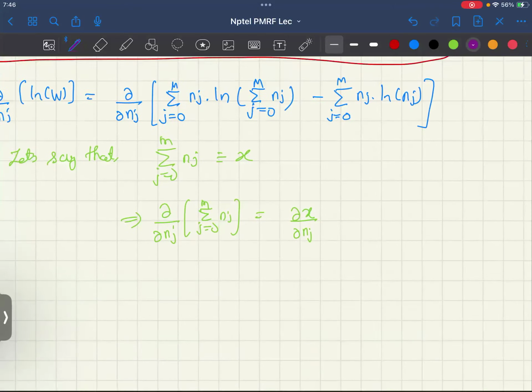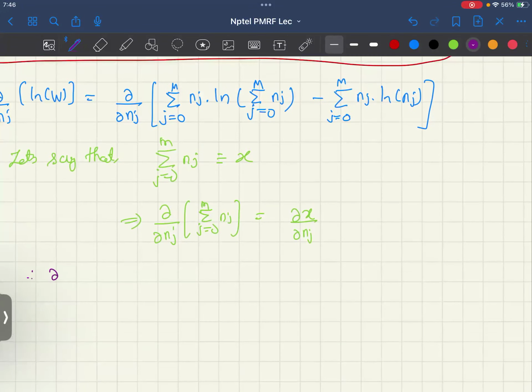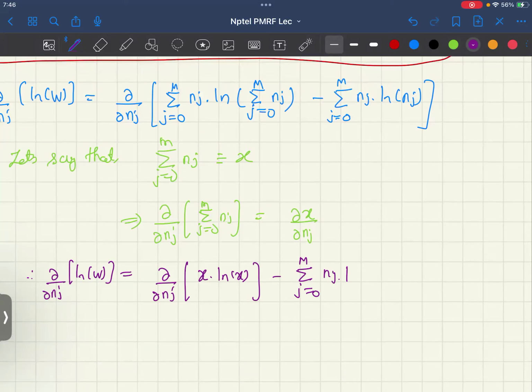Right? Therefore, what we can write is dou by dou nj of ln w is equal to dou by dou nj of x into ln x minus summation j is equal to 0 to m nj into ln nj. Right?